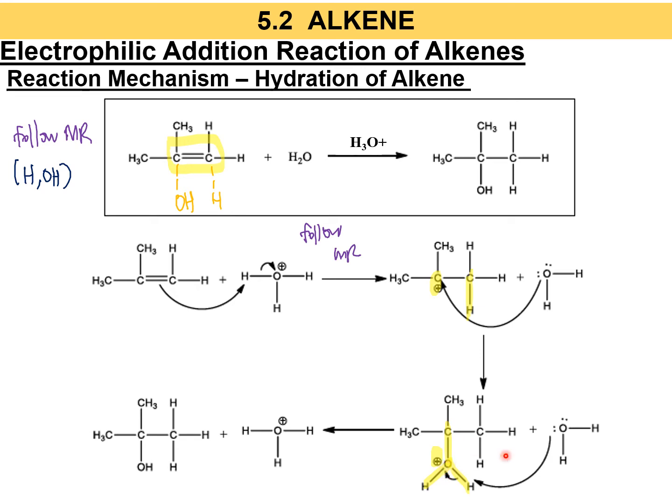Okay, and then next barulah kita gunakan H2O. Okay, H2O kat sini, di mana one of the lone pair, you kena letaklah lone pair dekat this oxygen atom. One of the lone pair dia akan attack this hydrogen. Lepas tu hydrogen ni dia akan break the bond dengan this oxygen plus, supaya dia dapat kembali form H3O plus as a side product.